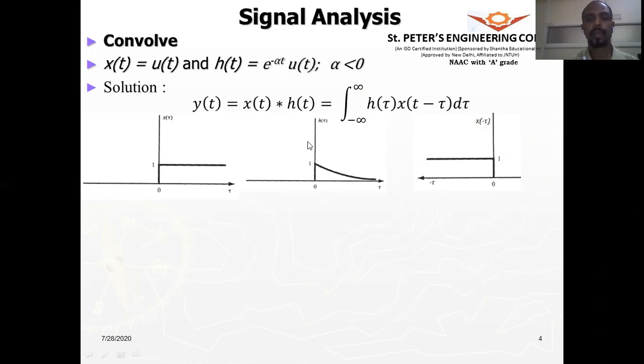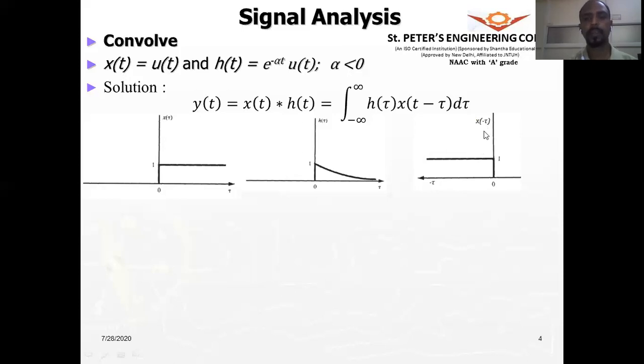So first, given x of t, we have converted it into x of tau, and from x of tau we have obtained x of minus tau by reflecting the tau variable, or folding along the y-axis.